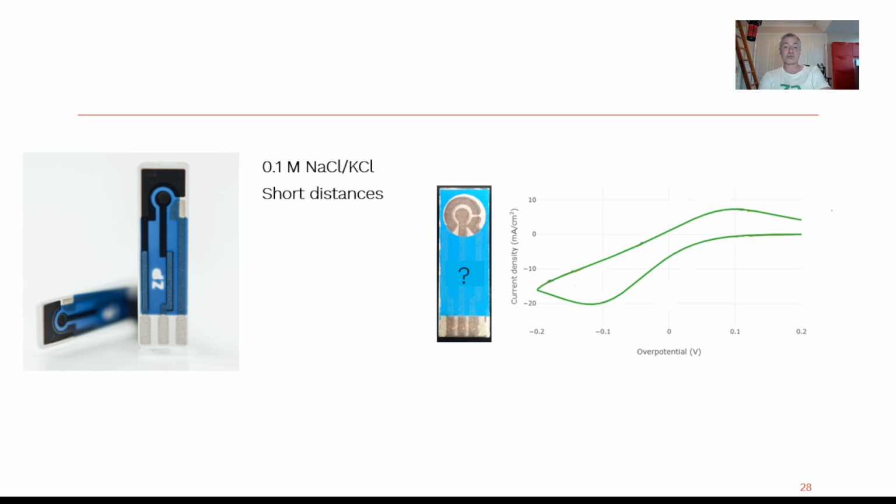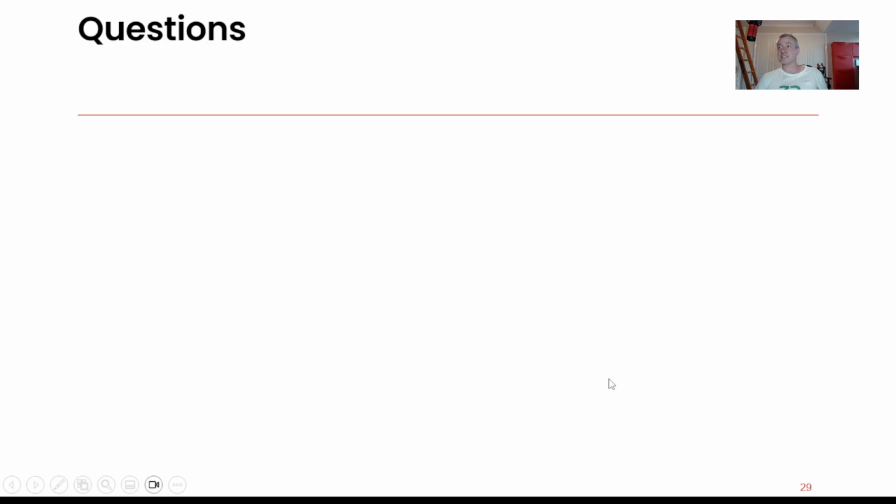So it's not IR drop that's the problem. It's actually high resistance along the conductive track. So it's almost like you're using cables that have got high resistance in them. So people see the distortion, they think, oh, it's my screen printed electrode, I must have an IR drop problem. No, you've got a resistance in your tracks on your screen printed electrode that's the problem. It's not the solution itself.